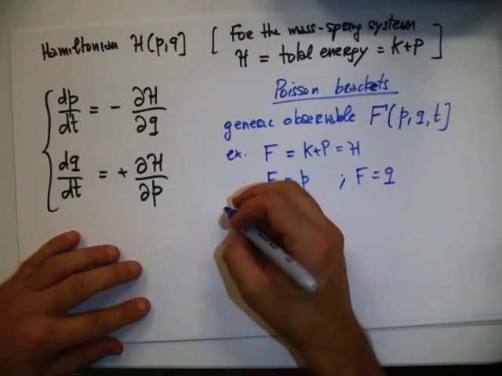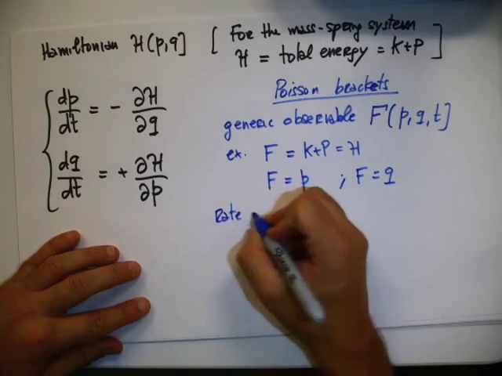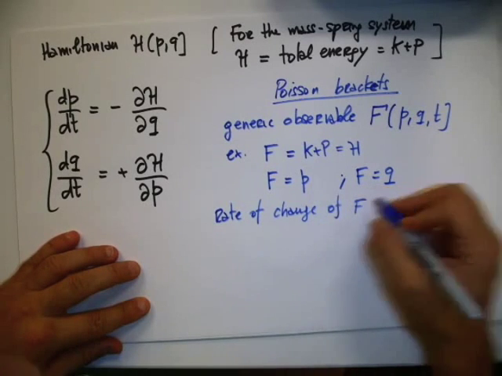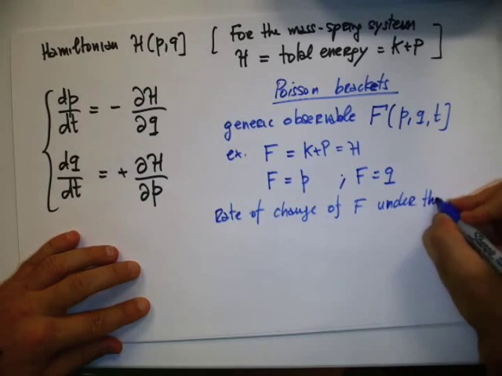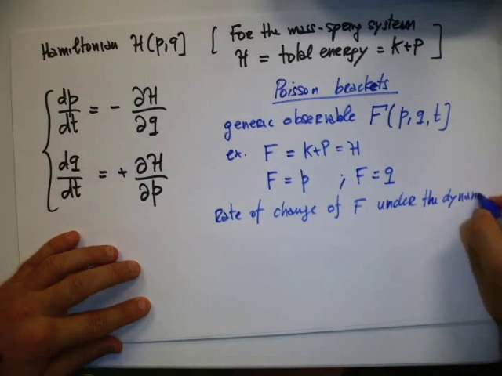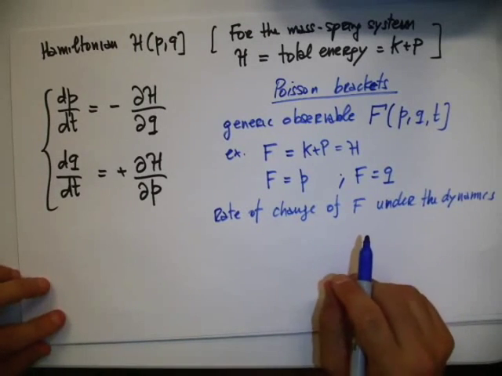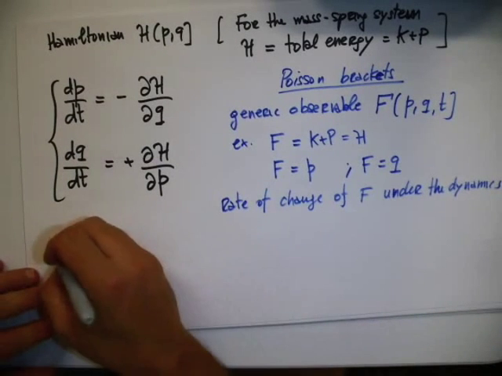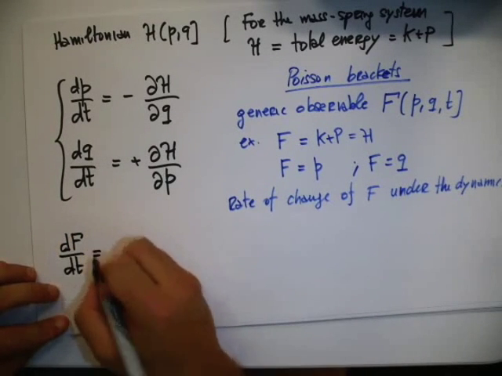We would like to understand what is the rate of change of f under the dynamics of this system, okay? So we would like to compute, to evaluate the total derivative of f with respect to time.